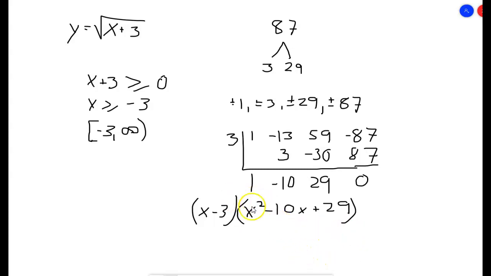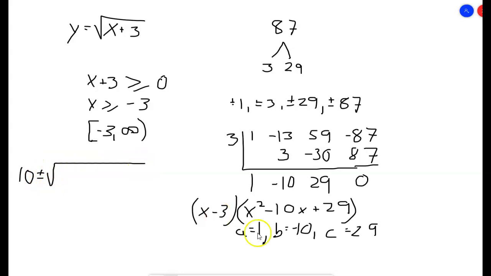So in this case, what I'm going to do is I'm going to use the quadratic formula. So here my a is equal to 1, my b is equal to negative 10, and my c is equal to 29. All right, so it's negative b, so that's going to be 10, because it's a negative of a negative 10, plus or minus the square root of b squared, that's 100, minus 4 times a times c.